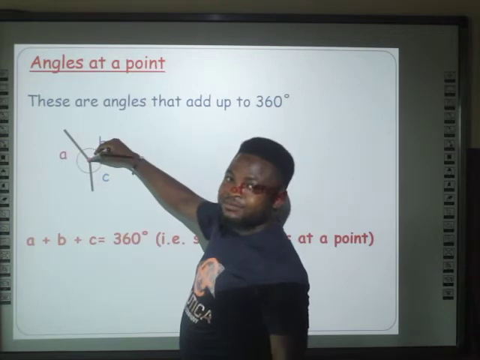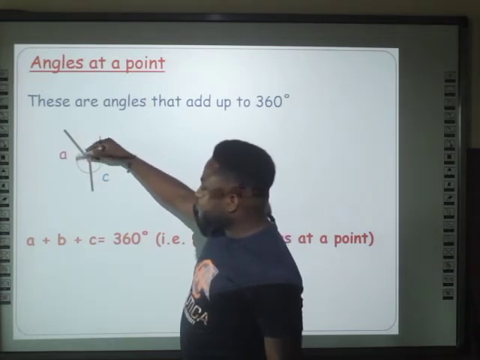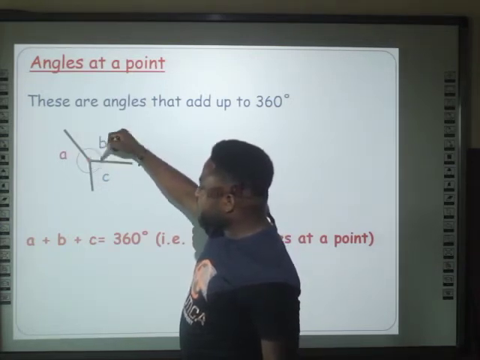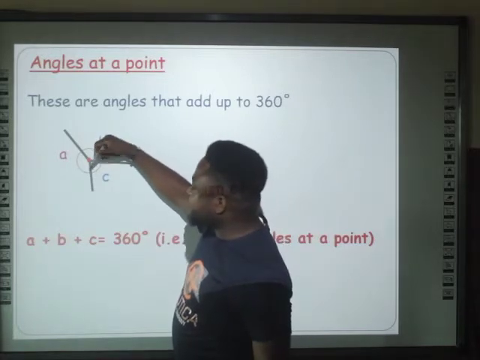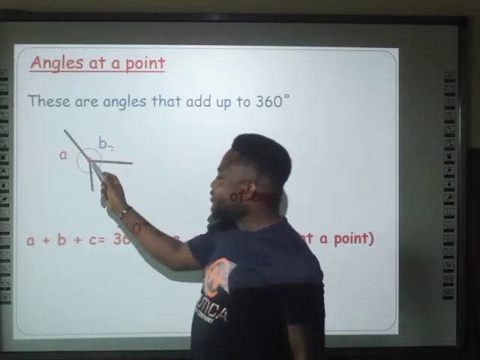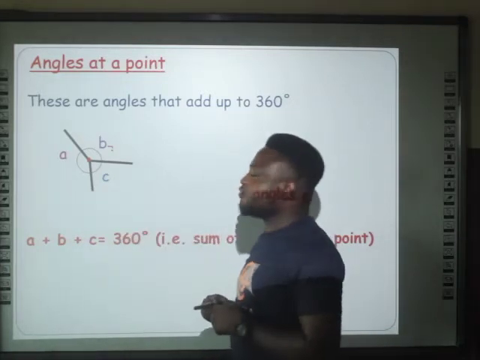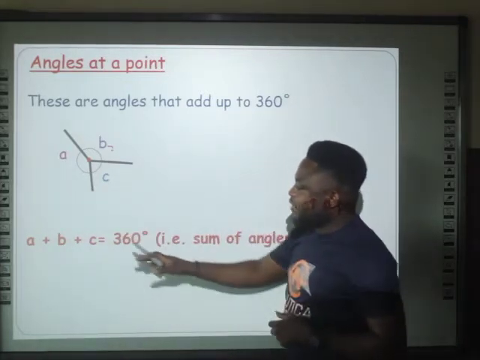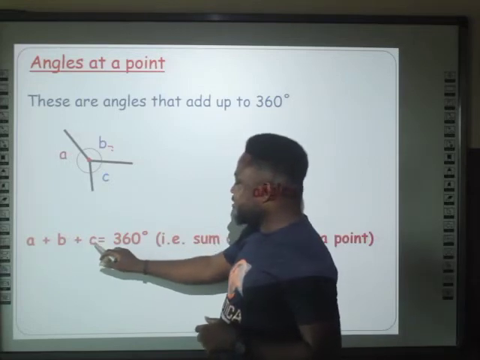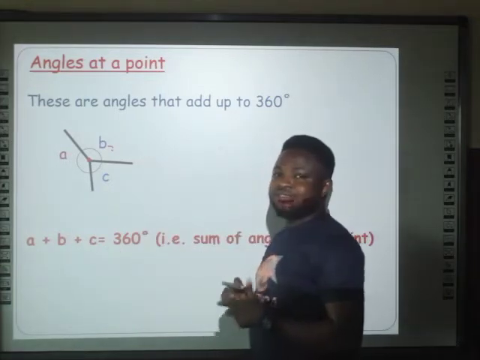This point here, and the angles formed, they have many angles: 1, 2, 3. So we have three angles, A, B, C, at this point. That point where they meet is what we are making reference to. So in other words, angle A plus B plus C, the three angles, will add up to 360 degrees.